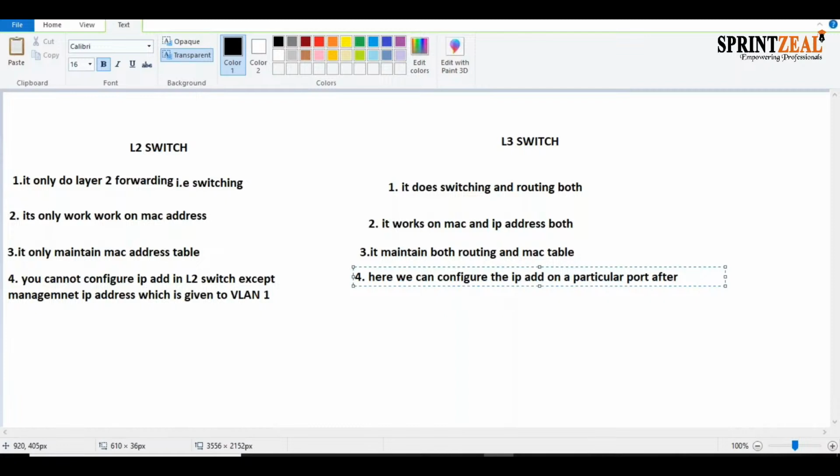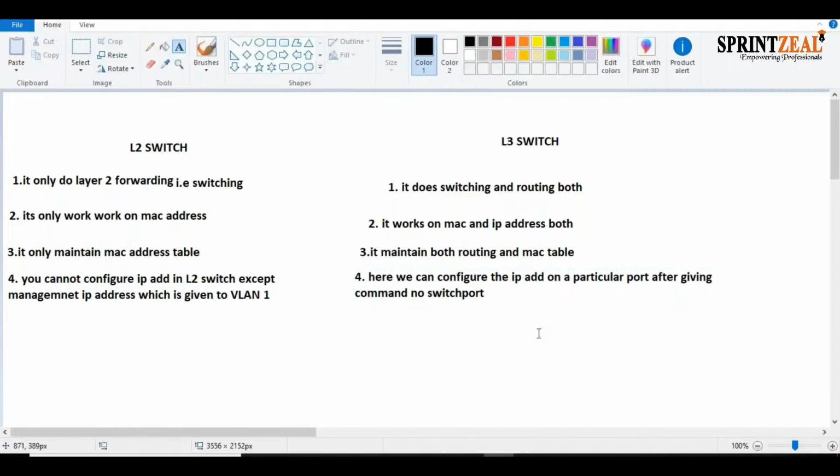So we have to give the command no switchport. It means we go to the L3 switch and tell it, hey L3 switch, right now this port is not a switch port, consider this port as a routed port. So after giving the no switchport command, you can configure the IP address on an L3 switch. So this is the major difference between L2 and L3 switches.